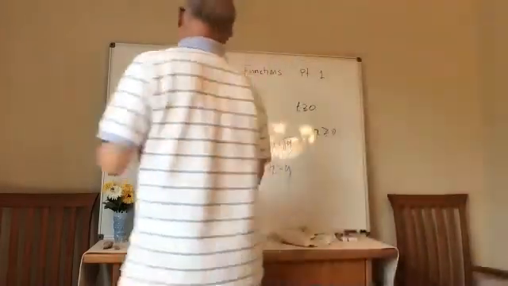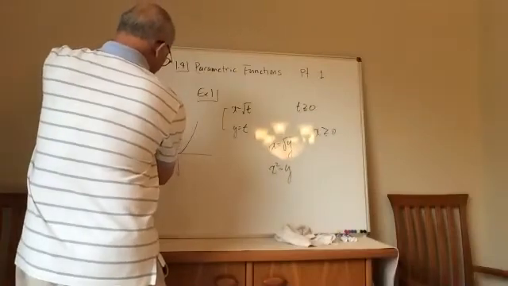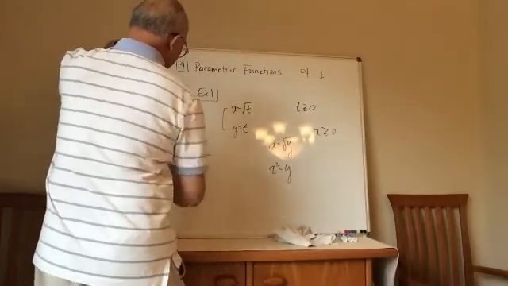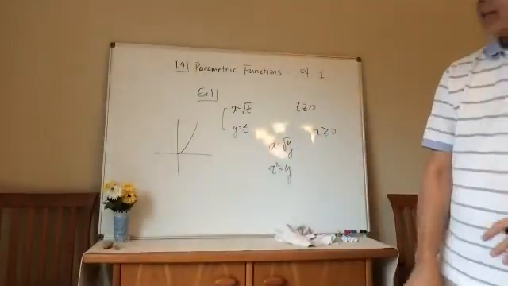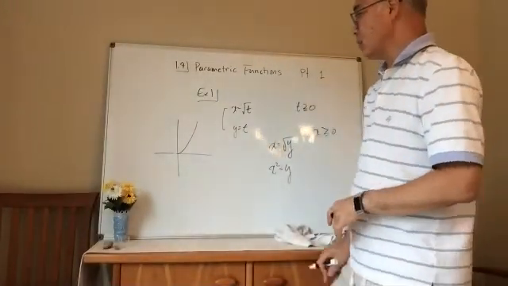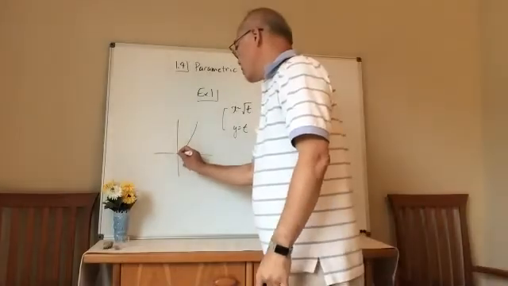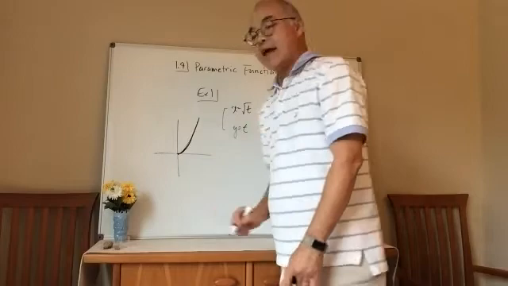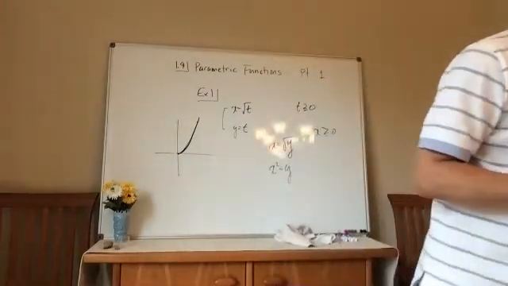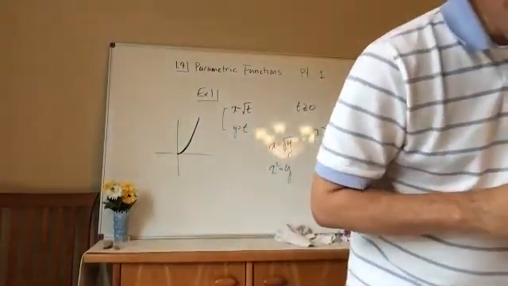So your actual graph is going to have the right-hand side only, not the left-hand side. So t equal to 0 starts here, and if you trace the graph, it goes up like that.